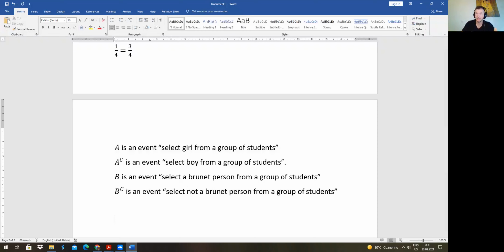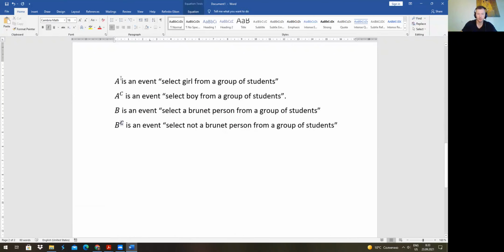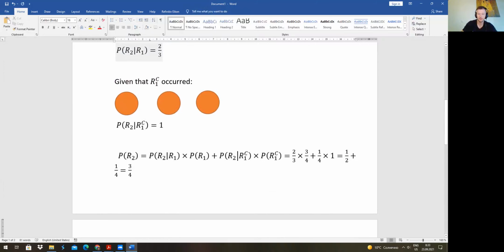So now let's see what we have. For example, we know that the probability to select a girl is, let's say, 60%. And now I also know the following.